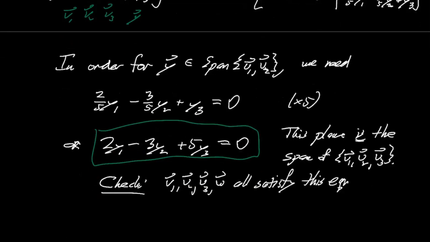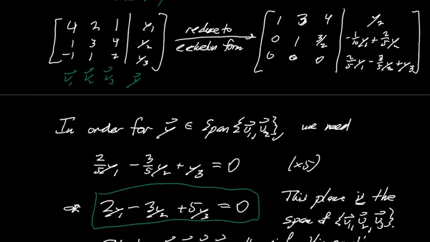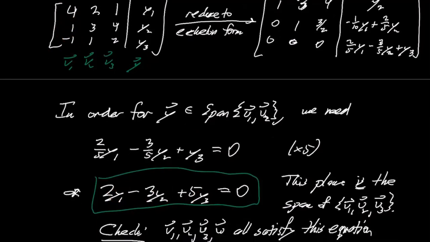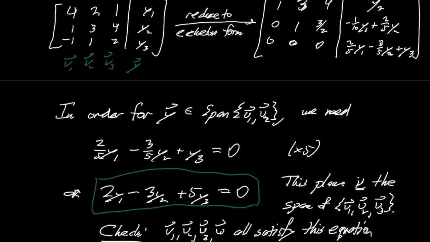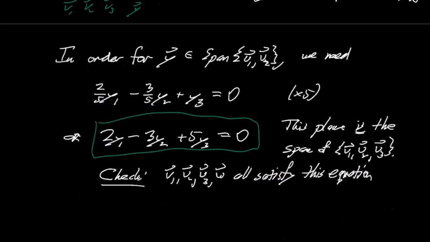If I go back up to V1 right here, if I do twice 4, I get 8, minus 3. So 2 times 4 here, put in 1 here, and put in minus 1 here. 8 minus 3, and then that's minus 5, and you actually do get 0. So that's awesome. That satisfies it. And I would say check each of these also, and W. And then you really do see the equation of the plane, which is nice.